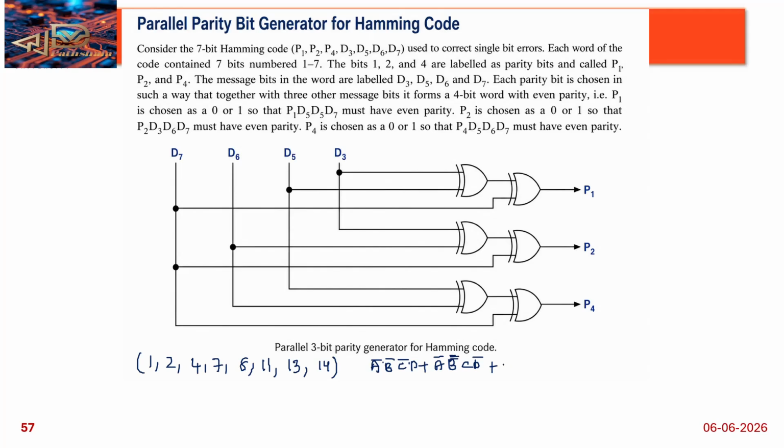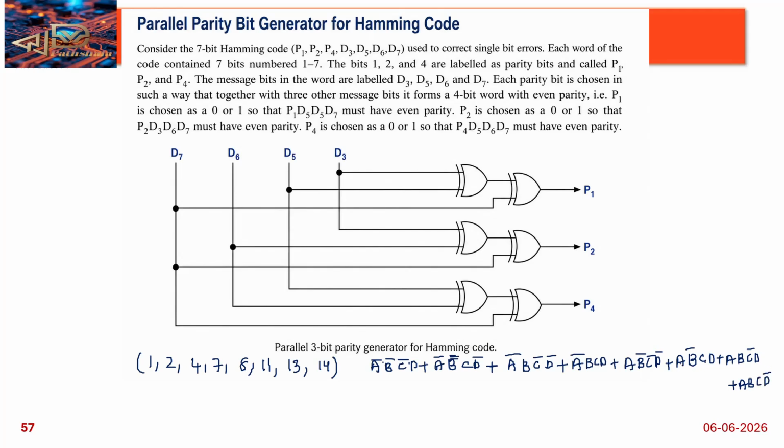The fourth value means A bar B C bar D bar, plus the seventh value A bar B C D. The eighth value is A B bar C bar D bar, and the 11th value A B bar C D. So 8 plus 2 plus 1, 11. And then 13 means A B C bar D, and then A B C D bar.